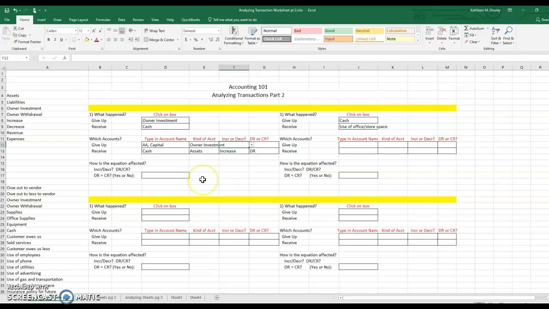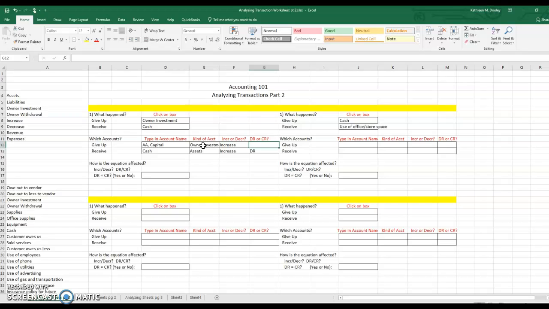Okay? Do we have more or less owner investment than we did 5 minutes ago? Well, 5 minutes ago there was no owner investment, and now we do have one. So that is an increase. Do we have a debit or credit? We have an increase in an owner investment.